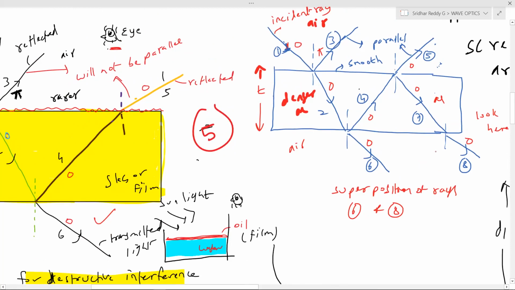What is the path difference? The ray 8 will cover an additional path of how much? 2t. What is the optical path? 2 mu t. So for constructive interference, what is the condition?